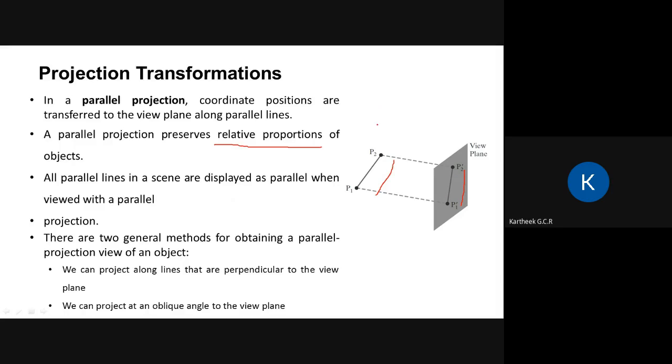That's why in the first program, the Cube program, when we projected, all the square planes were parallel to each other. That was because it was orthographic projection or parallel projection, right?